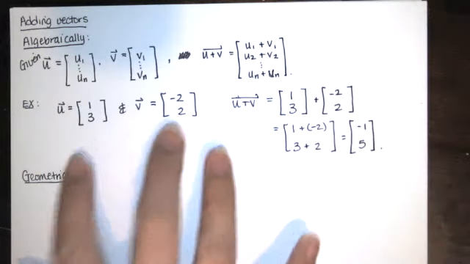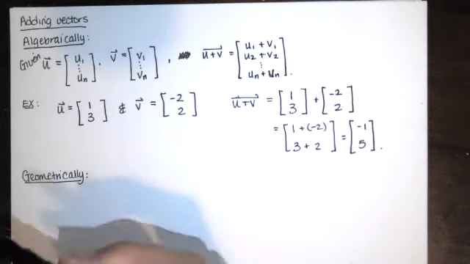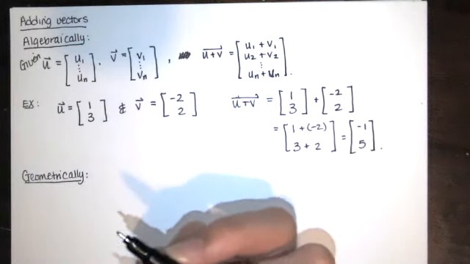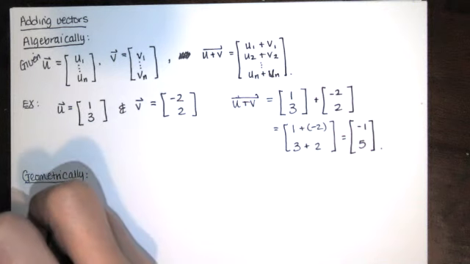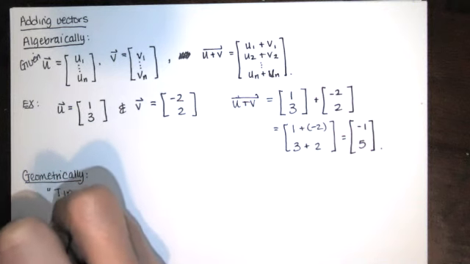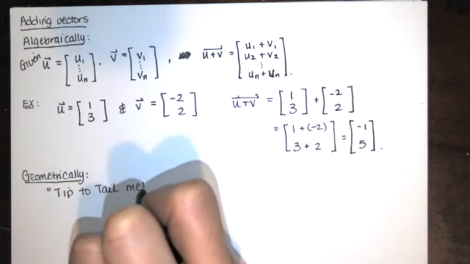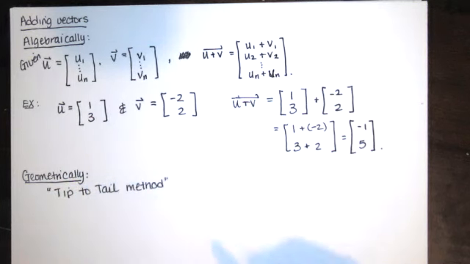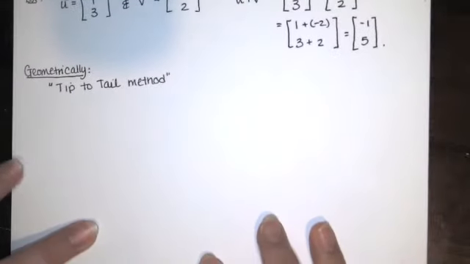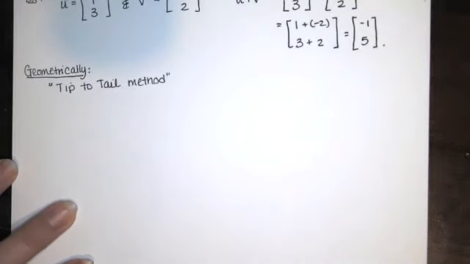This can be handled geometrically as well. So there are two different ways to do it. I'm going to teach you how to add using a method called adding tip to tail. And I think this is easiest to think of in terms of displacement.